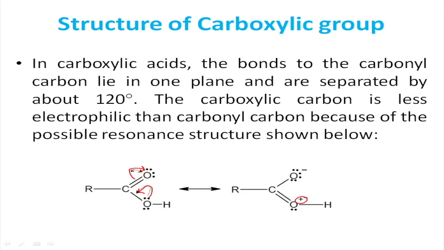Then the double bond is on the right and the single bond on the left, and because this oxygen gains an electron, it becomes negative.